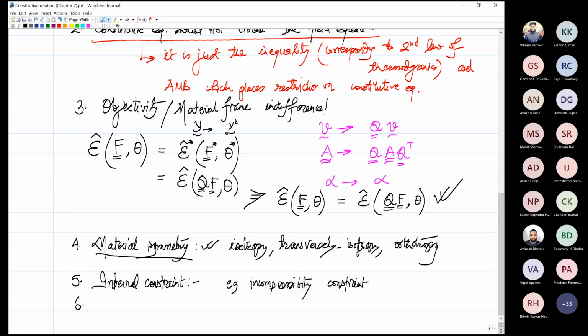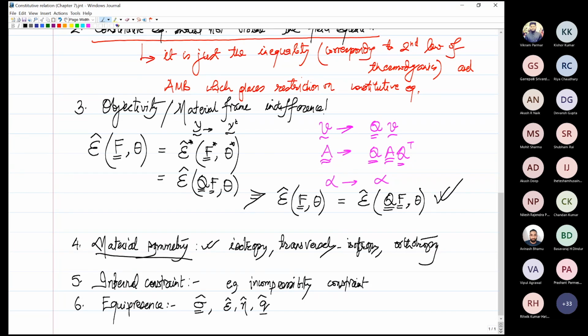And finally, another thing is what is called equipresence. So what it means is that, for example, we have the constitutive functions for sigma hat, then epsilon hat, eta hat, q hat. So if we say that sigma hat, for example, depends on deformation gradient, then we simply say that all of the others also depend on deformation gradient.